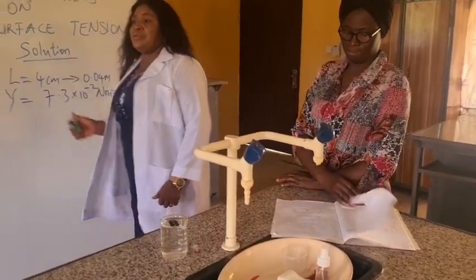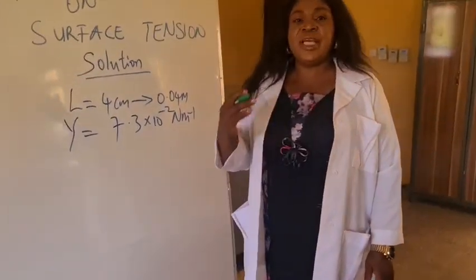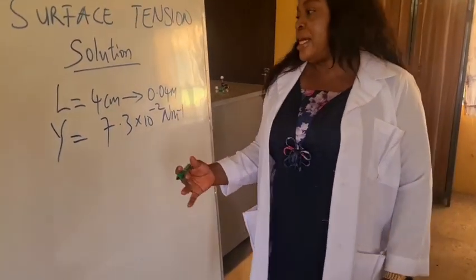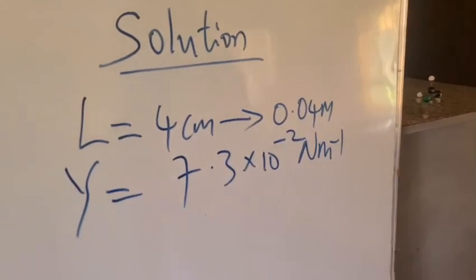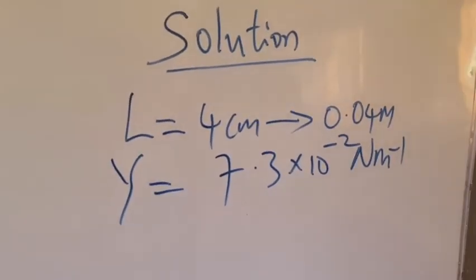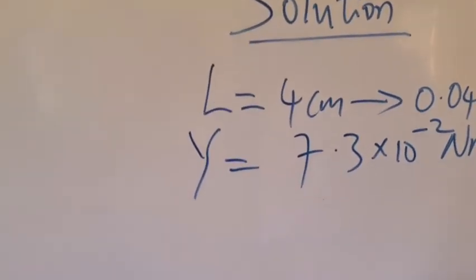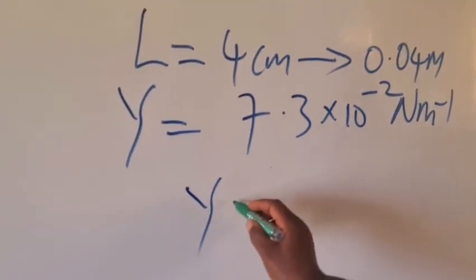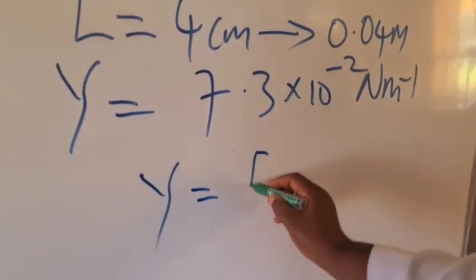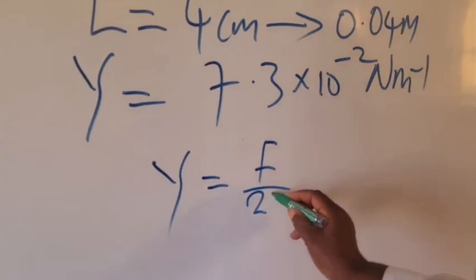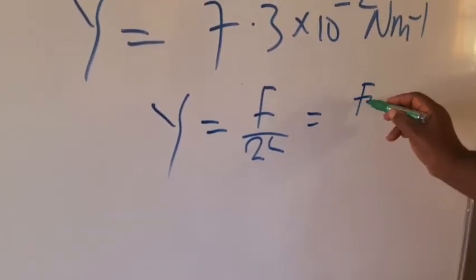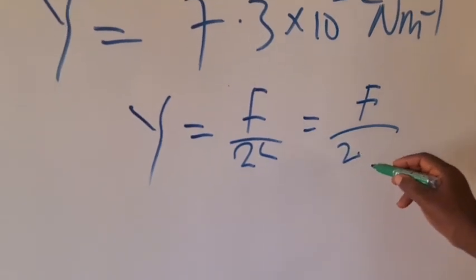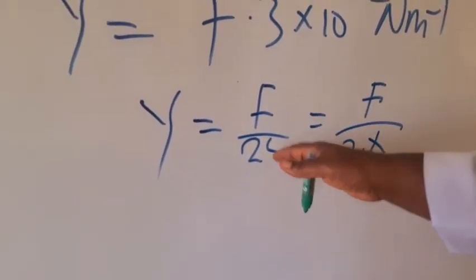So our solution is to bring out known parameters. The length is given to us, the surface tension is given to us, and then from our formula we said that surface tension is equal to force all over 2L, and then this will give us force all over 2 times our length, which is 4 cm.